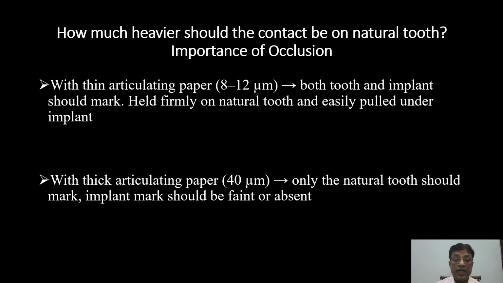When we use a thicker articulating paper, that is 14 micrometer, the natural tooth should mark, but the implant should have only a faint or absent mark. In this way, we load the natural tooth more compared to only implant supported restoration, and this compensates the difference in movement between the natural tooth and the implant.